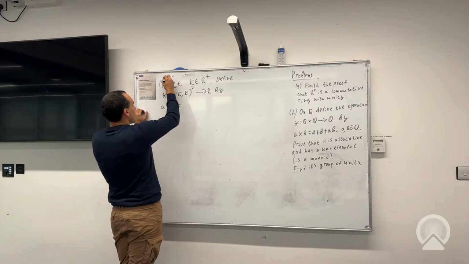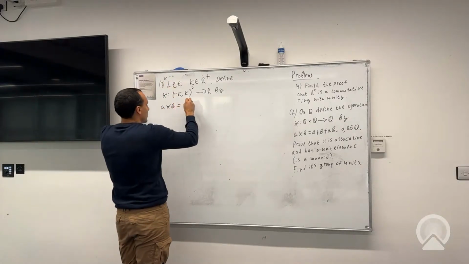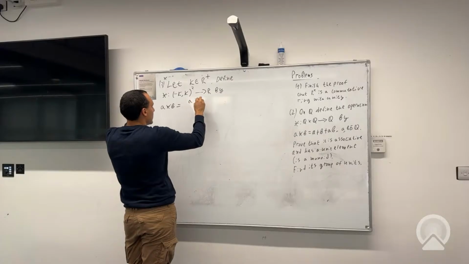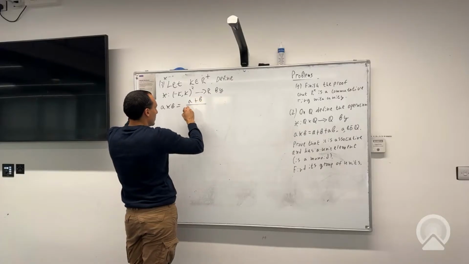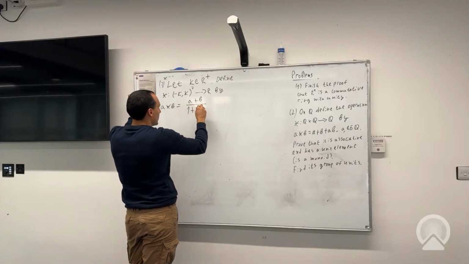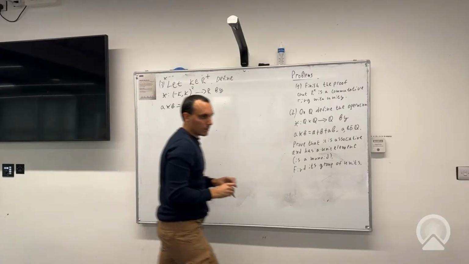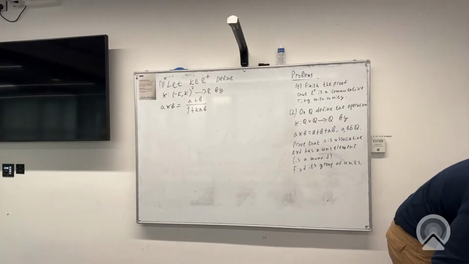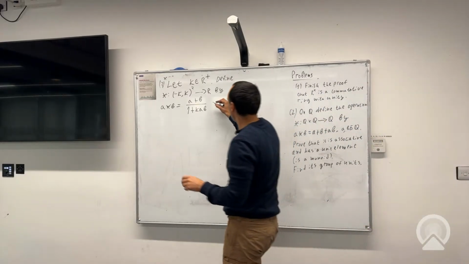This is a standard problem. Check this: a star b equals (a plus b) over (1 plus k a b).